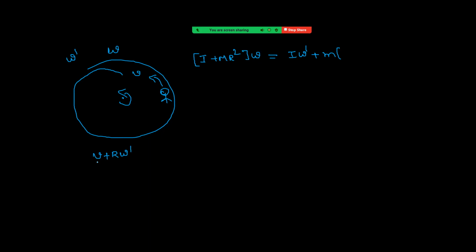In the ground frame his velocity is v plus r omega dash. So it is M into (v plus r omega dash) into r. This is the final angular momentum, and the initial one is on the other side. Let us solve for omega dash.